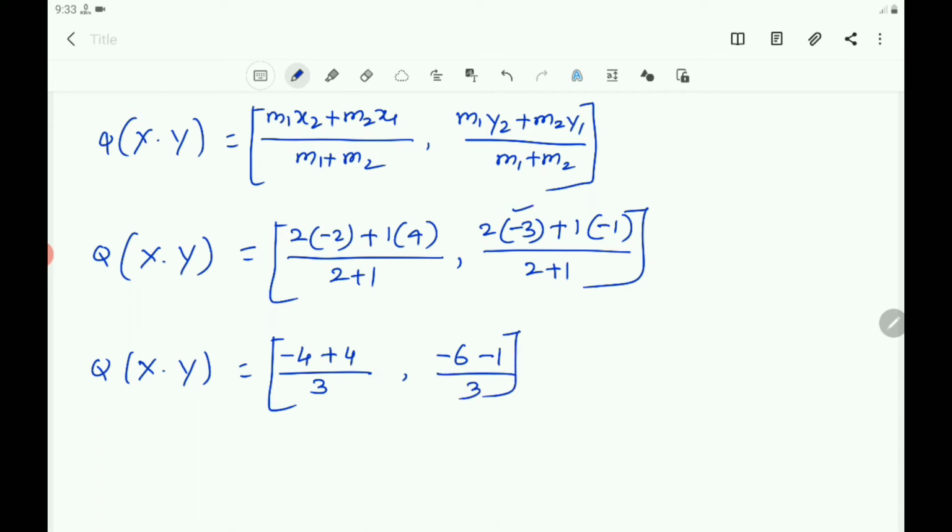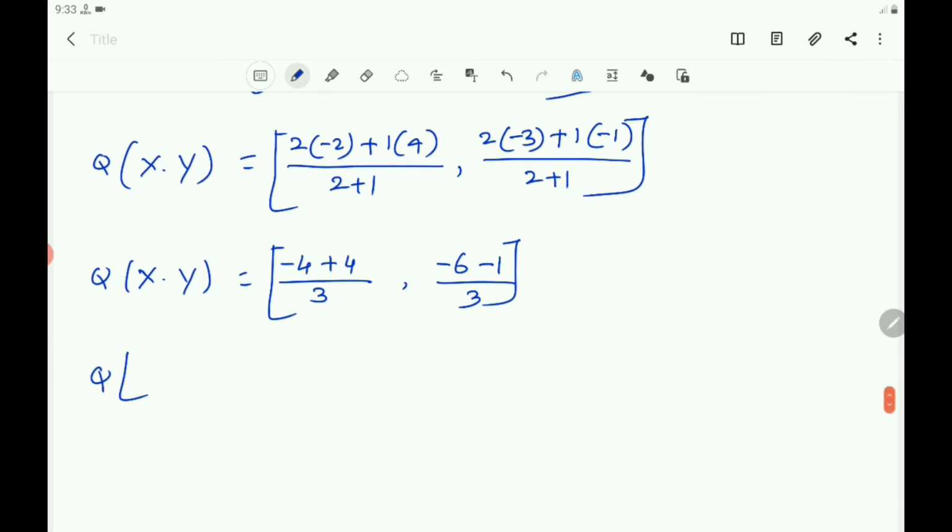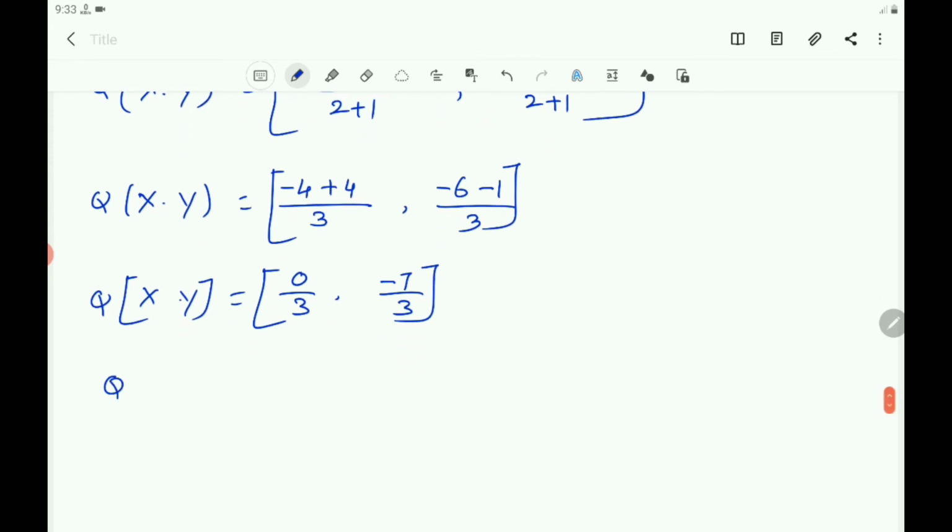Then Q of (X, Y) equals, -4 plus 4 is 0, 0 by 3, then -6 minus 1 is -7 by 3. Then it becomes Q of (X, Y) equals (0, -7/3). These are the coordinates of the second point Q. They are (0, -7/3).